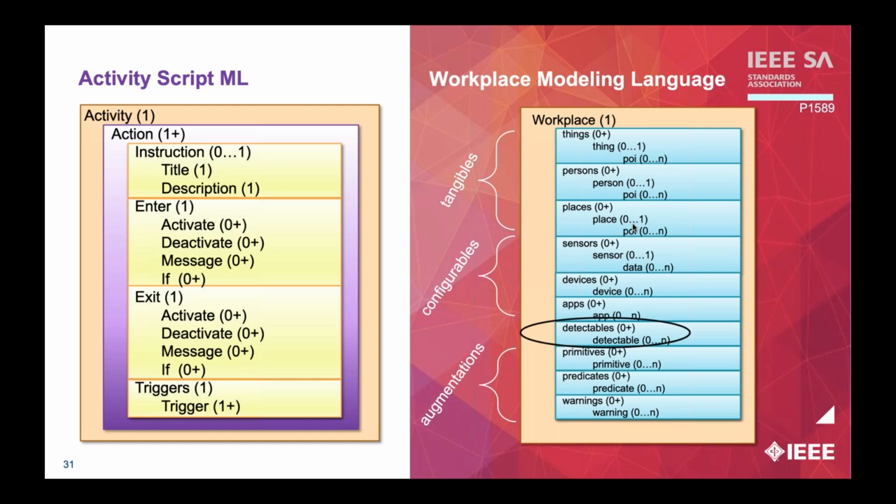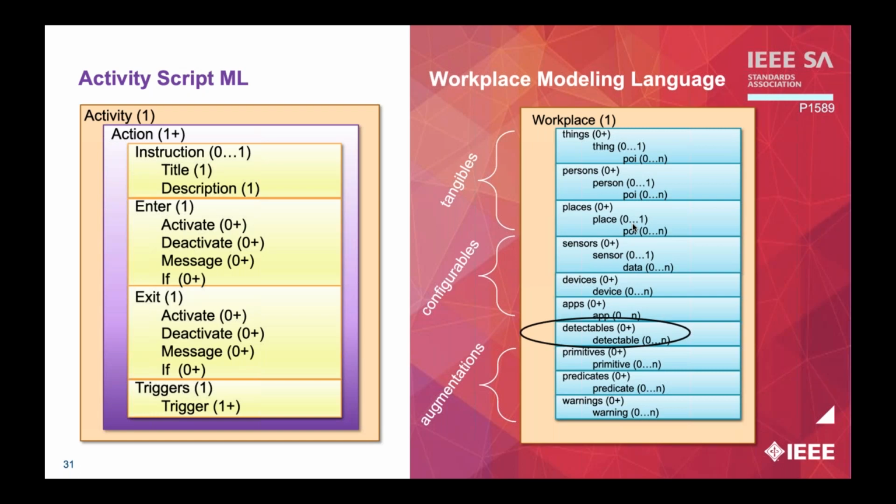In the workplace modeling language, we would find a description of the tangibles, the things, persons, locations that matter in a workplace, as well as the configurables, so to say, more software-oriented things like apps that are available, apps or widgets or devices you can interact with or sensors you can talk to.